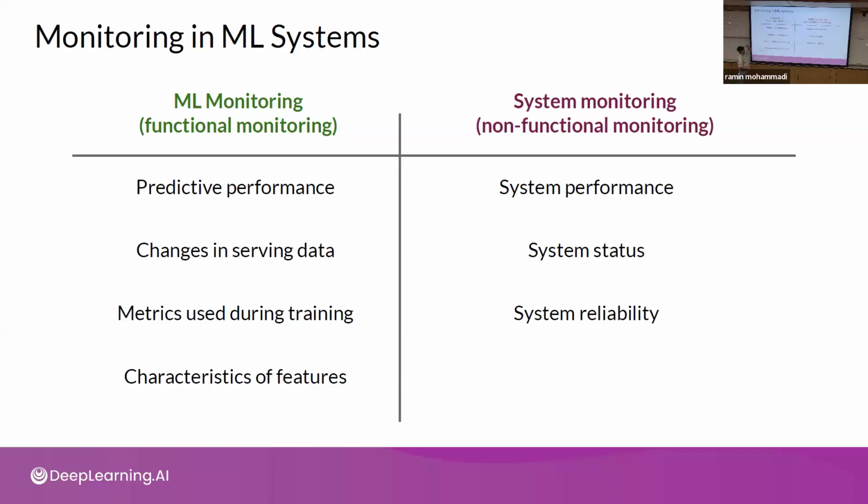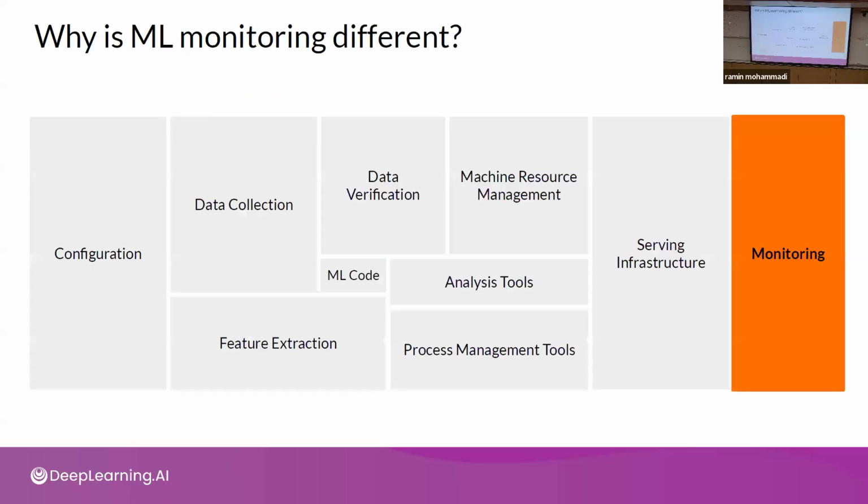So you need to account for predictive performance: how good is the model, does the accuracy of the model remain the same, is the model's confidence always within the same interval? Is there any change in the data that comes through? Is there a change in the overall metrics that we used during training? That means if during training the F1 score across different slices was within this range, is it remaining constant or changing? And the last one is characteristics of the features, like statistics of your data.